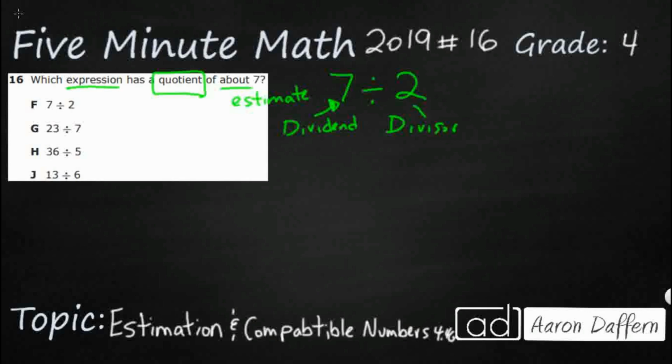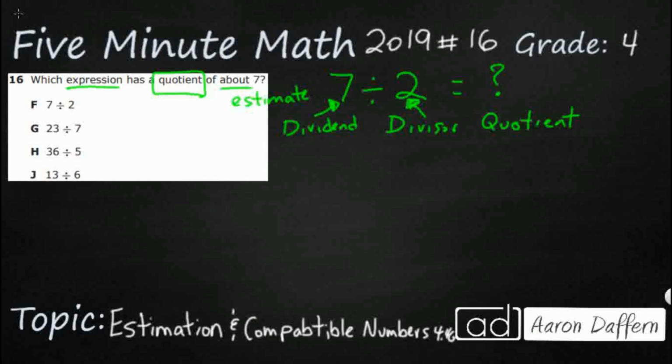Those sound very similar. But then you get the answer, and the answer has its own name, and that's the quotient. So that's what we're looking for. We're looking for which of these has a quotient, or an answer to a division problem, of about 7.